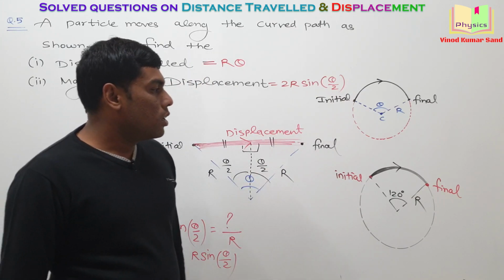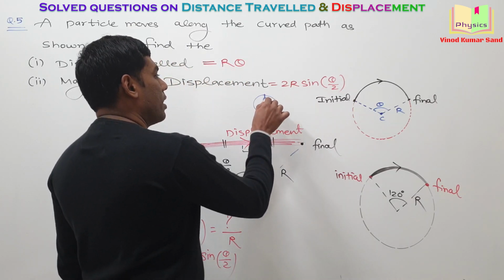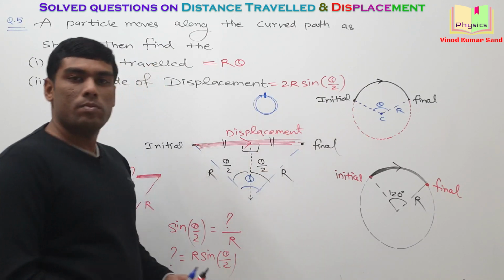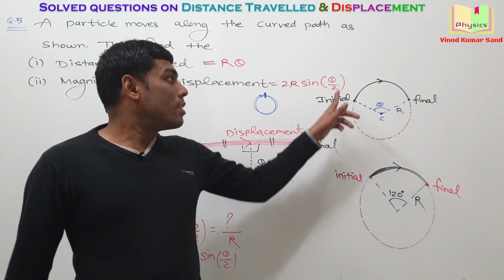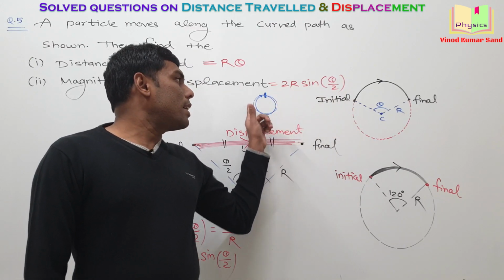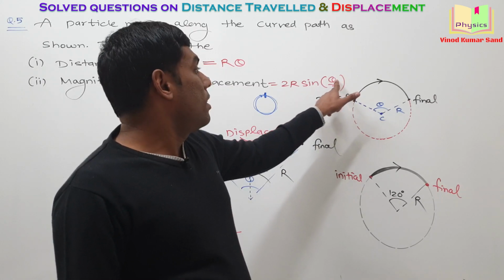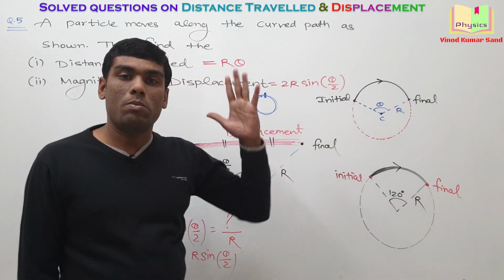Another question. Suppose the particle completes the circle, starts here and then reaches back here. How much is the magnitude of displacement? If you complete the circle, the angle theta will become 360 degree. 360 degree divided by 2, 180 degree, sine 180 degree will become 0.